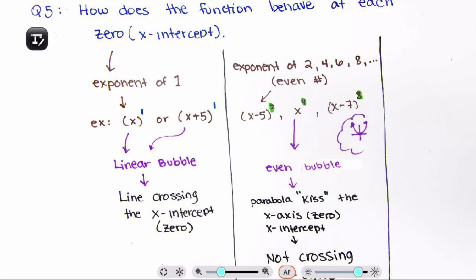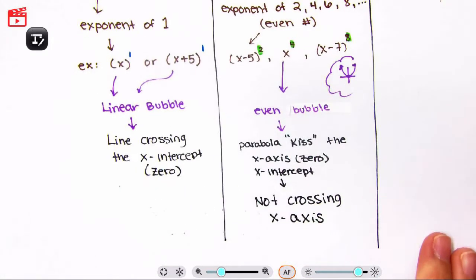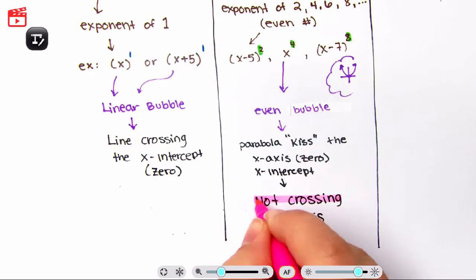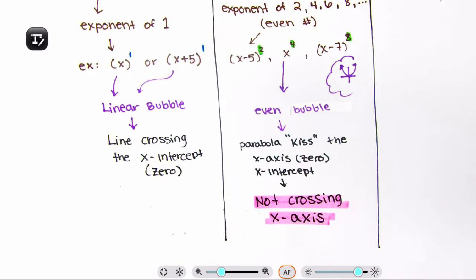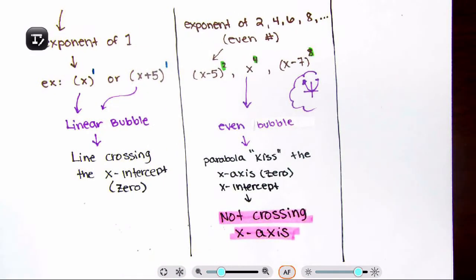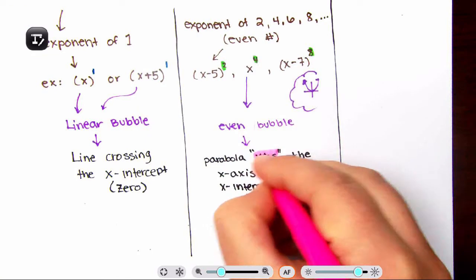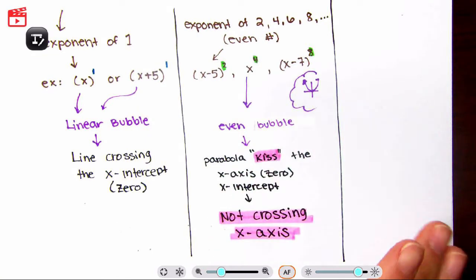We cannot cross. Okay, if it's an even exponent, we cannot cross. So we have a linear, we have an even, no crossing. We're going to kiss it. All of this will start making sense when we do an example.